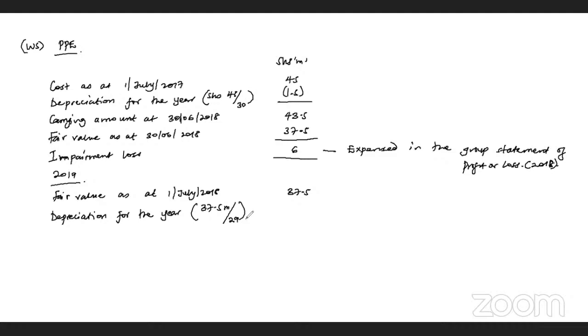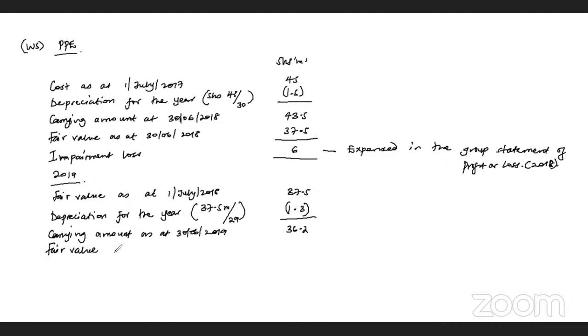So with 29 years, we depreciate the revalued amount over the remaining useful life, and this gives us a depreciation of 1.3 million. So we get the carrying amount as at 30th June 2019, and this carrying amount is 36.2. The same asset was revalued on that date.